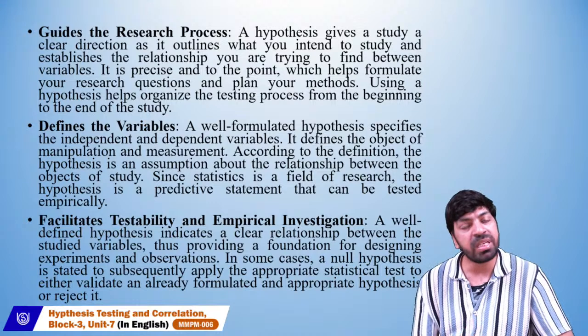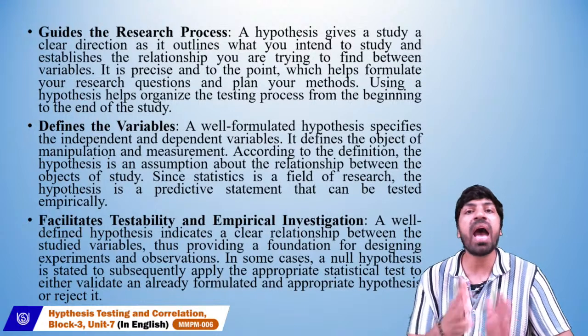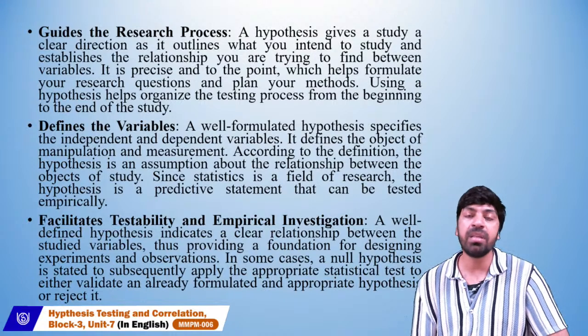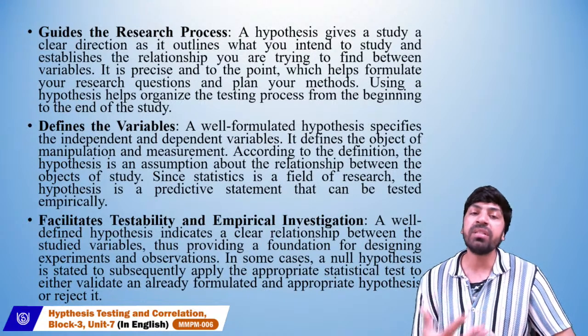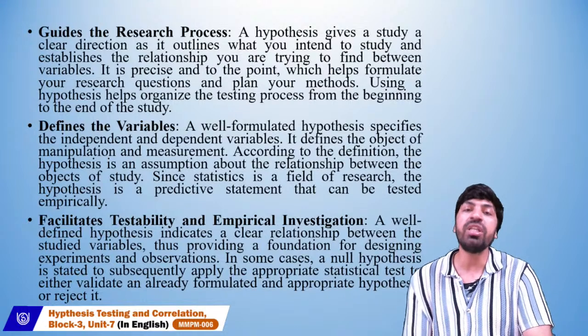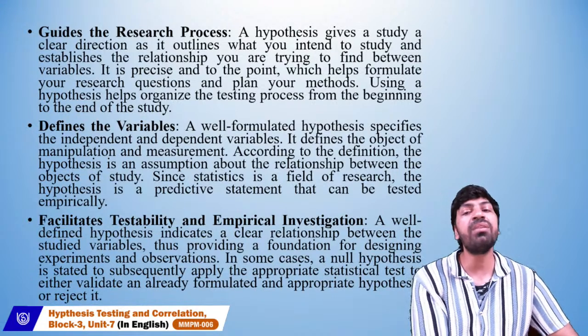Using the hypothesis helps the researcher test the process from the beginning to the end of the study. Next, we talk about defining the variables. When a researcher formulates a hypothesis, he or she must specify the dependent and independent variables.